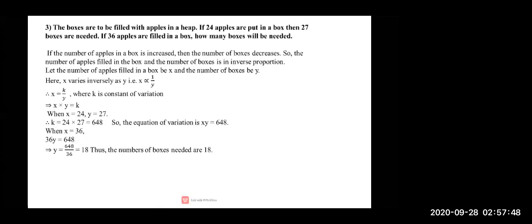Now our next question, that is question number 3. The boxes are to be filled with apples in a heap. If 24 apples are put in a box, then 27 boxes are needed. If 36 apples are filled in a box, how many boxes will be needed?